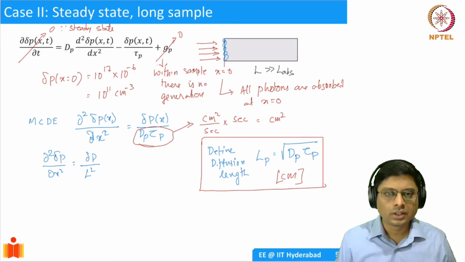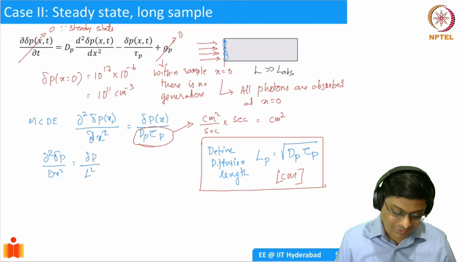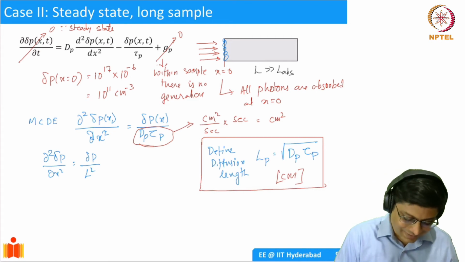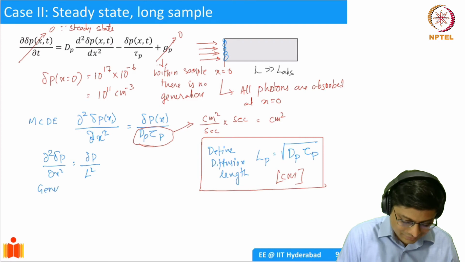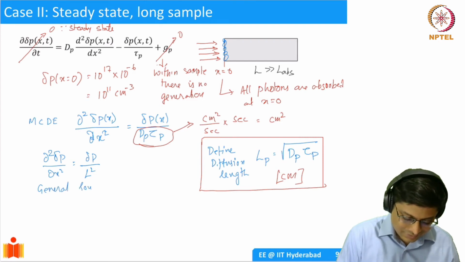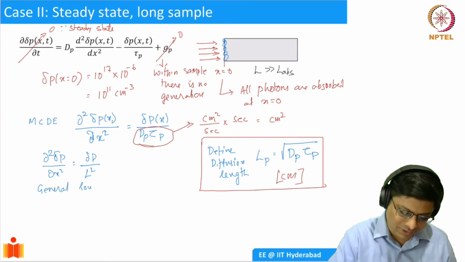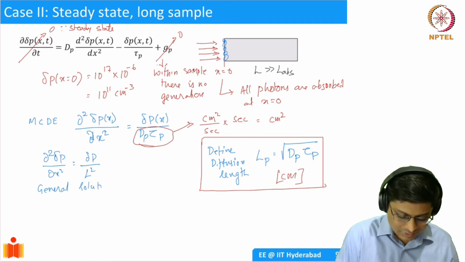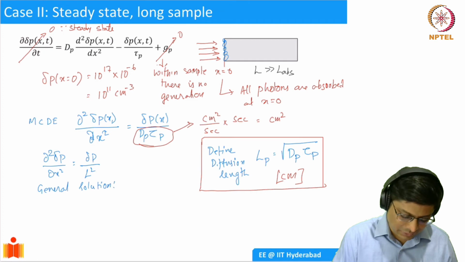So I can solve this. Well, when I say I can solve this, I won't solve it, but I'll tell you the general solution. You should have solved this in some of your ordinary differential equations course. If you have not done that, just verify that this solution is correct.